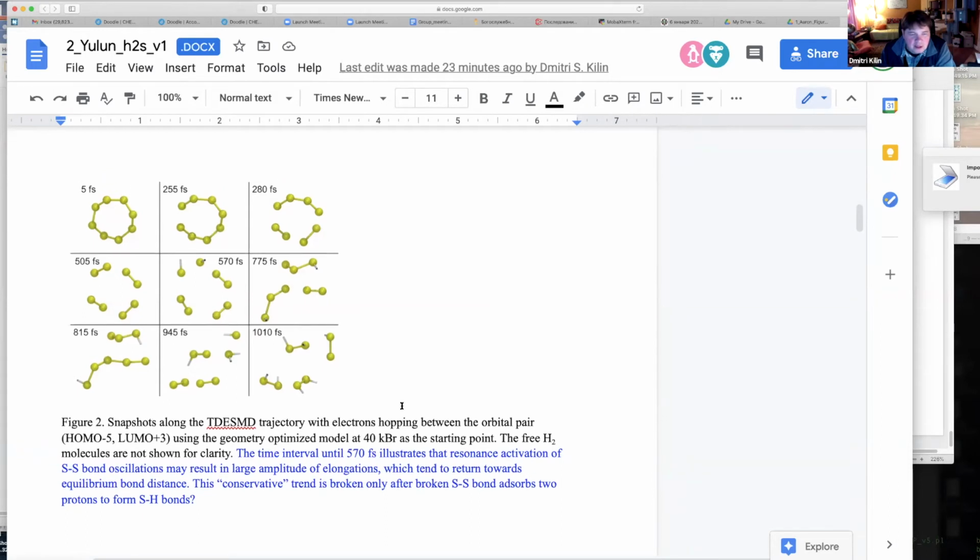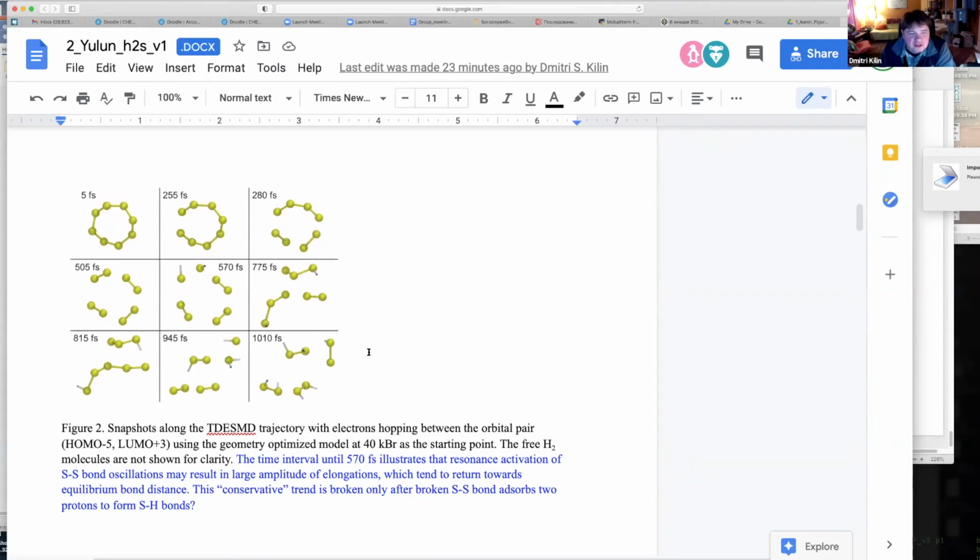Here I'm adding a comment. It is very interesting to see that the first 4 snapshots evidently show sufficient amplitude that exceeds normal lengths of the sulfur-sulfur bond, but it looks like different bonds are broken and reconstructed, which means it is more dynamic oscillations rather than actual bond breaking.